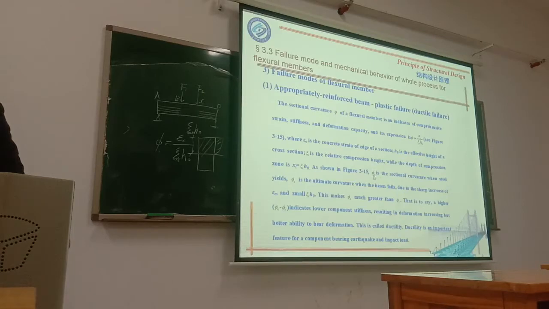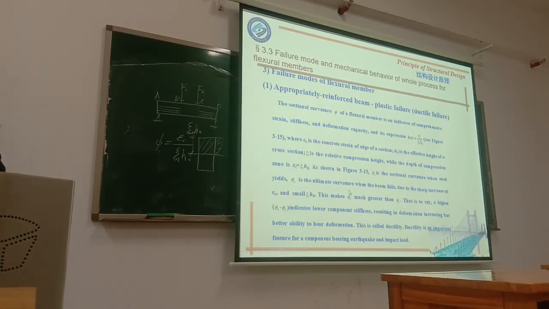And phi y is the section curvature when the steel yields, corresponding to the yield of the steel. And phi u is the ultimate curvature.